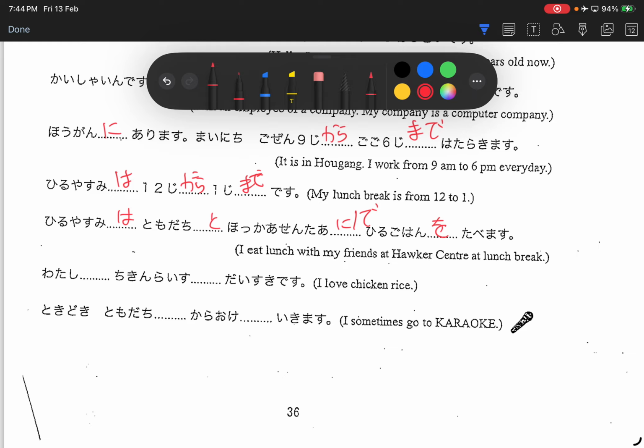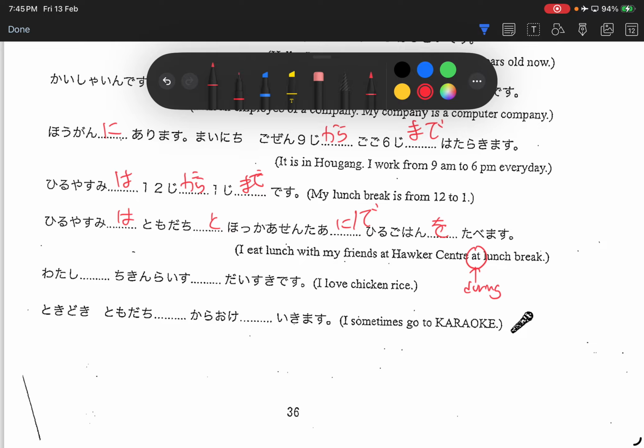Look at the clue: at hawker center, at lunch break. At lunch break is a bit tough. It should be more like during lunch break. 昼休みは, we can use another one also.